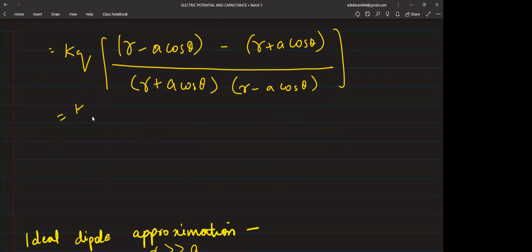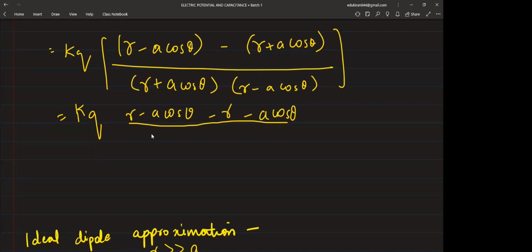If we open the bracket, KQ is already here. This will be R minus A cos theta, this is minus R, this is minus A cos theta. And the denominator is R square minus A square cos square theta.